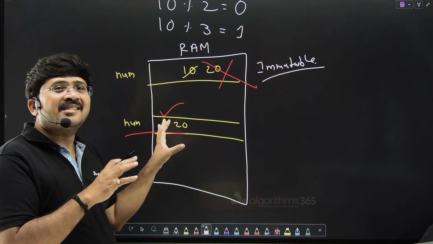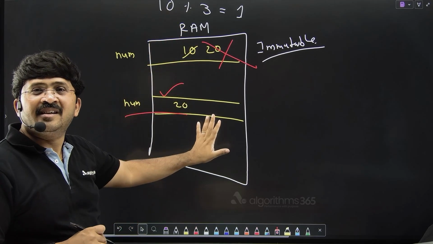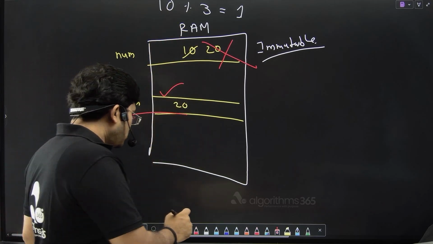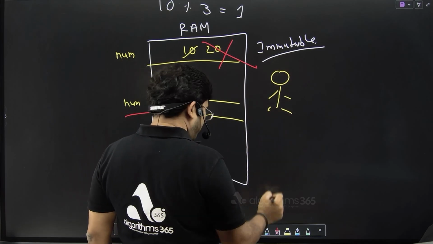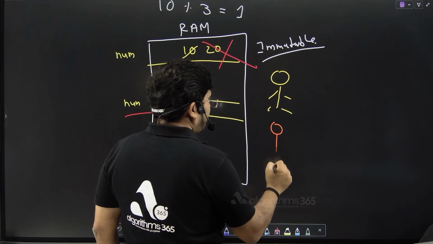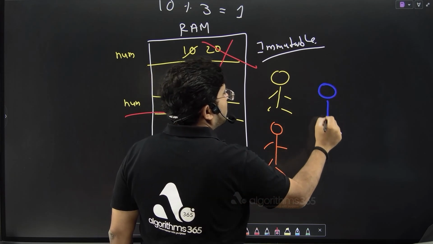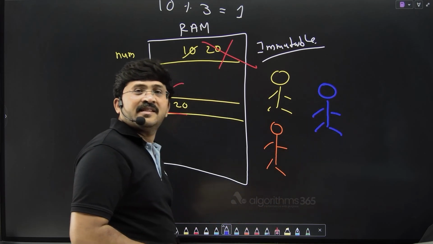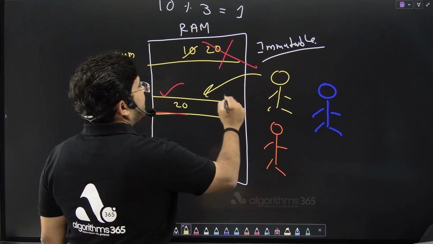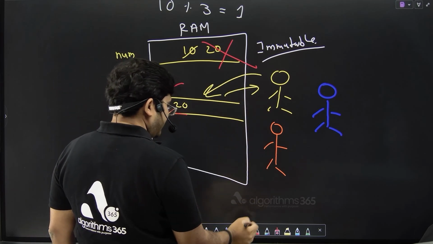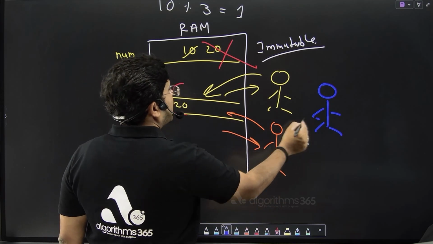For you to understand right now, just imagine that your data is one, but your code is broken into small threads. There are multiple people who are running your code, and they may be reading and writing values here.